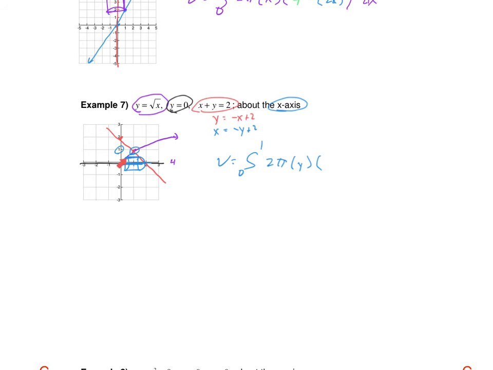My representative slice went from red line to purple line, so I've got to make sure I write it that way. So then I've got red line. Oh, I want to put that as a y. I drew my x a little bit too long. I'm picking the wrong eraser. So negative y plus 2, top minus the bottom, which is purple.